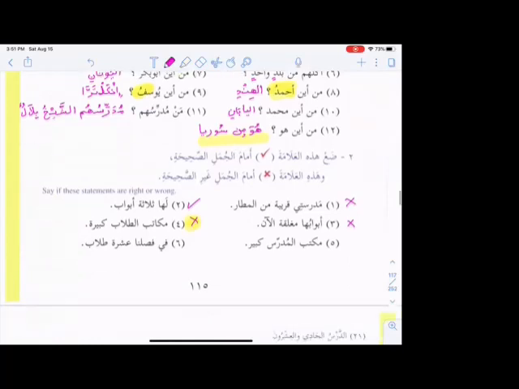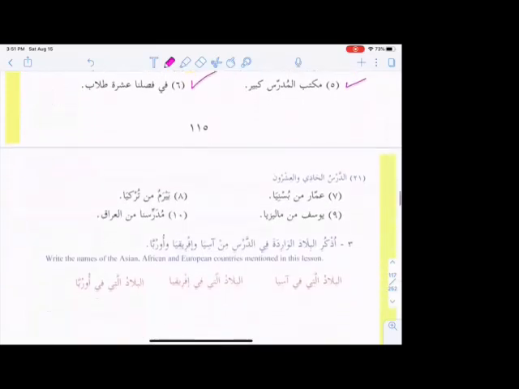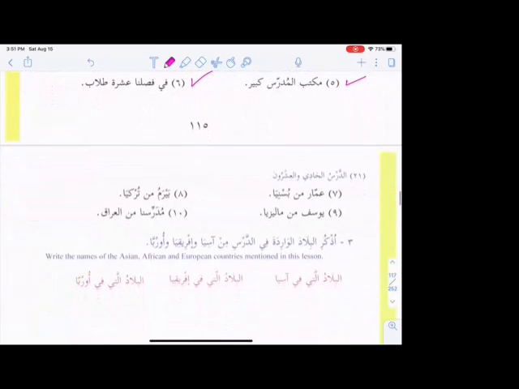So what is the next one? Maktabul mudarisi kabirun. Yes, that is correct. Fi faslina asharatu tullabin. That is correct. 10 students.